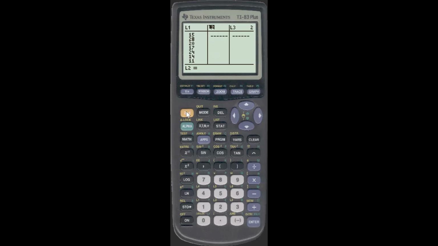Then you hit second, and then list, which is second stat. And you go over to OPS. You there? Hit enter for sort. And then click it again, right? Oh, it didn't put it in there.